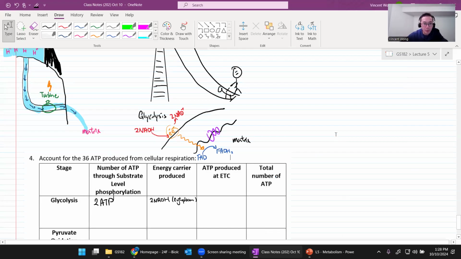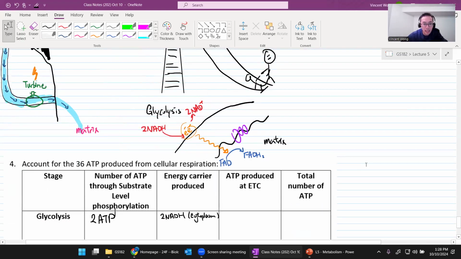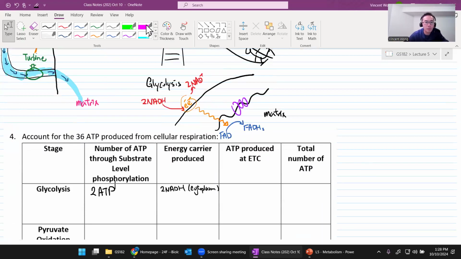So in our table here, the 2 NADH, which again are produced in the cytoplasm, they themselves don't become the FADH2, but they will pass the electron onto the FADH2, which is in the matrix.